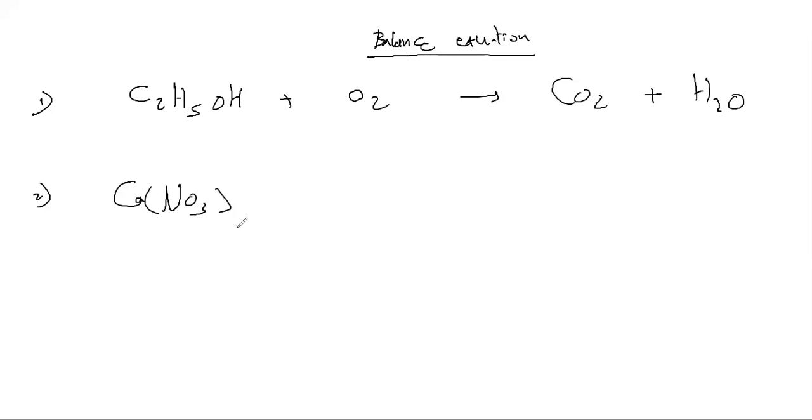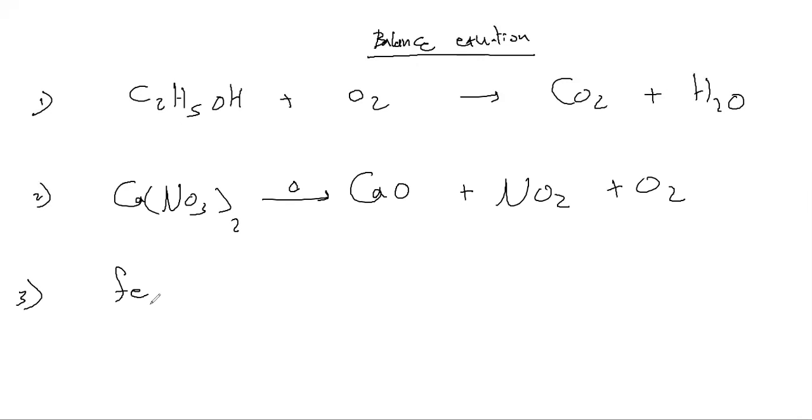Ca(NO3)2 gives CaO plus NO2 plus O2. Fe2O3 plus CO gives Fe plus CO2.